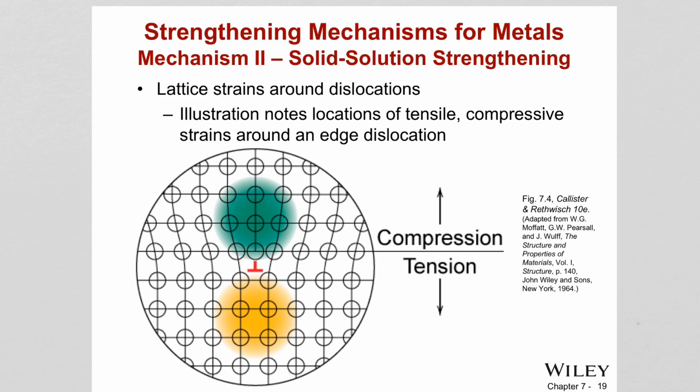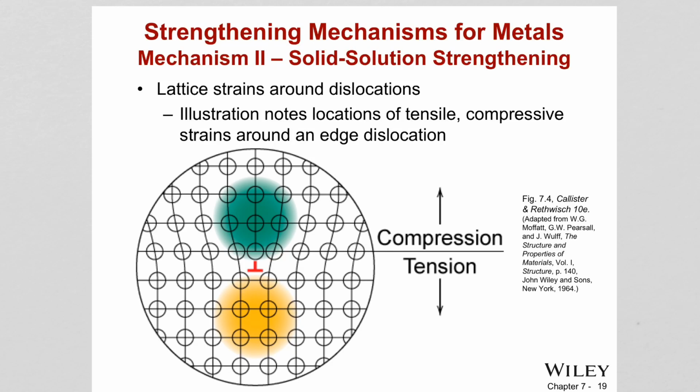So next is strengthening with solid solution hardening. In order to understand why in solid solutions the material is getting stronger, we need to first understand the stresses that are created within the lattice due to the presence of dislocations.